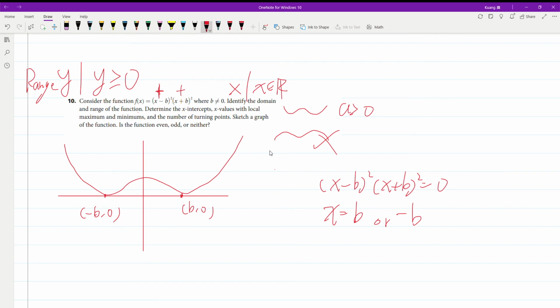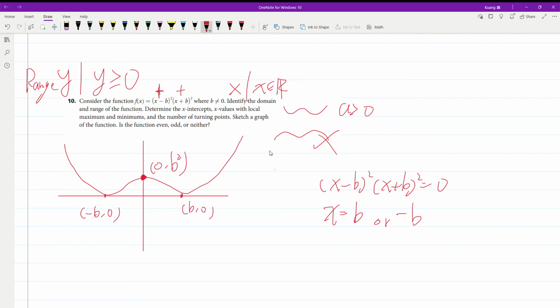Maximum, it depends. There is a local maximum, right? I think it's just right in the middle. So you can plug in x equals 0 and find the value of y. If you plug in x equals 0, there will be negative b times b, so b squared is the coordinate of this point.